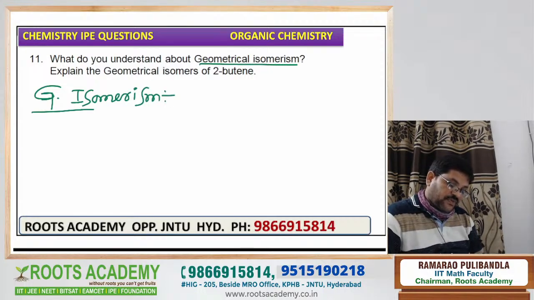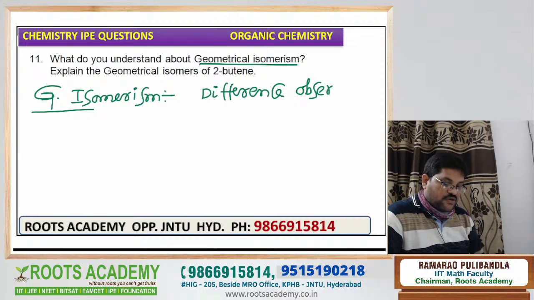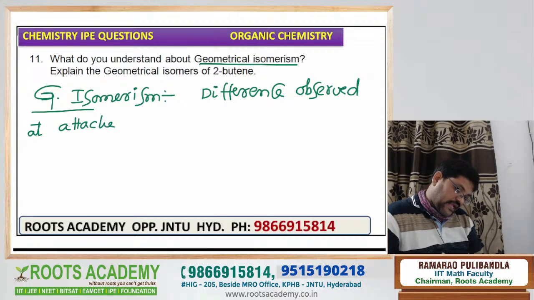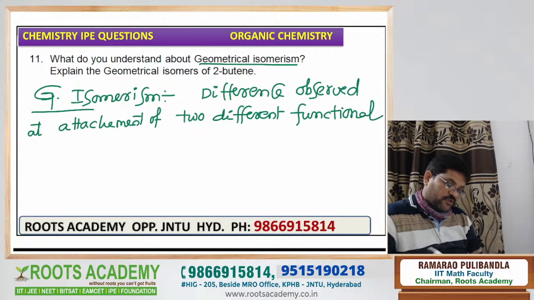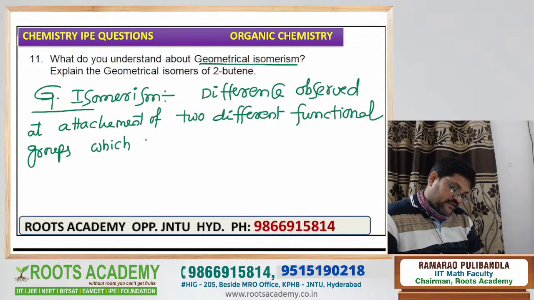Geometrical isomerism means the difference observed at the attachment of two different functional groups which are present on doubly bonded carbons.